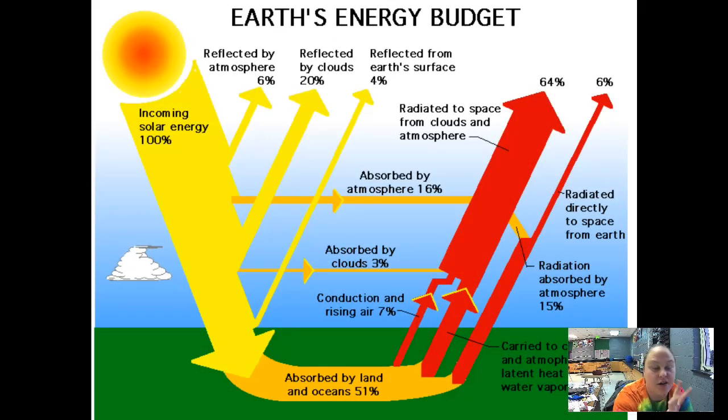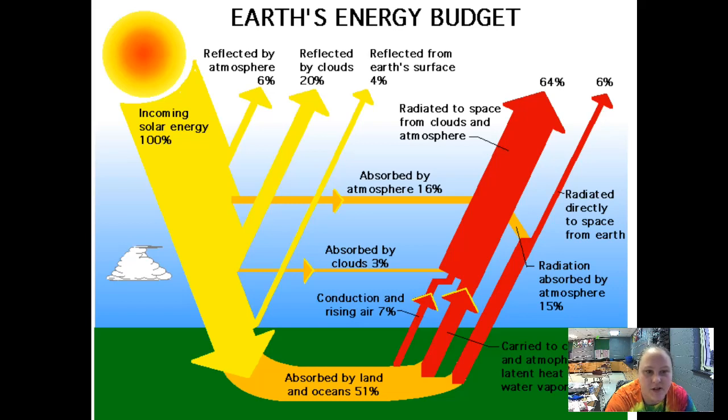So Earth, as an energy budget, we have incoming solar energy from the sun. It's 100%. 51%, so a little bit over the half, but 51% is absorbed by the land and ocean.